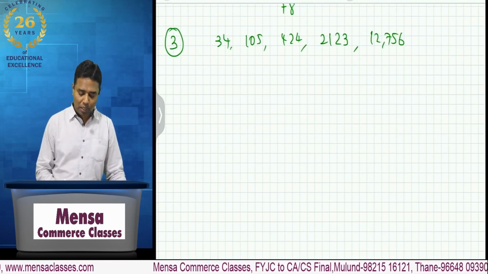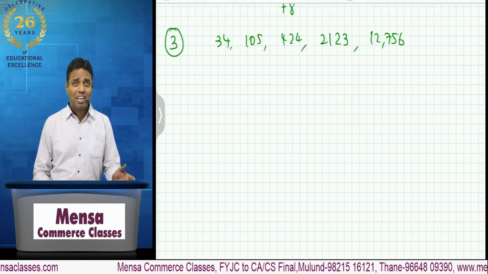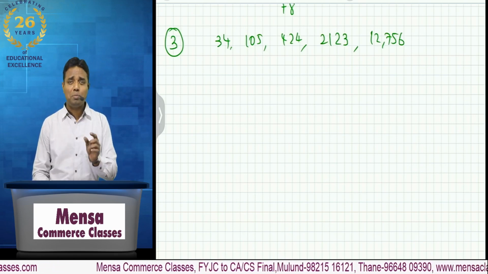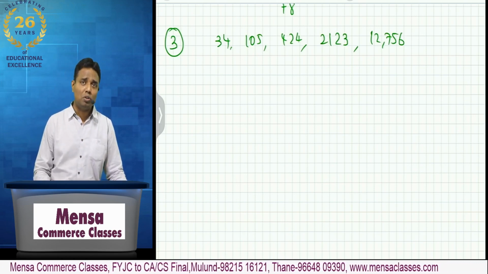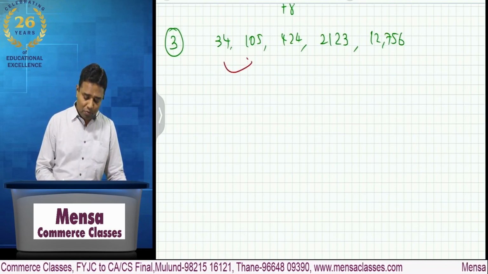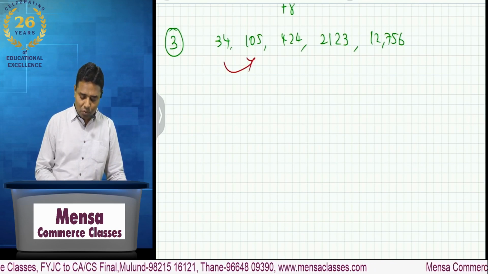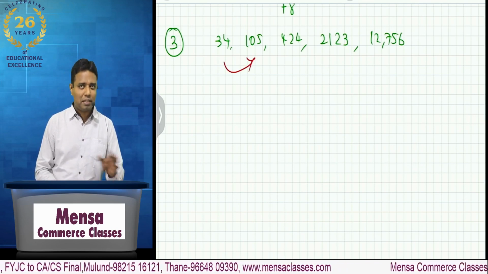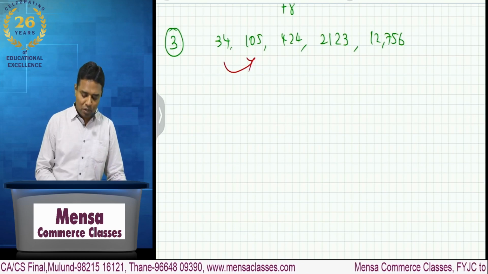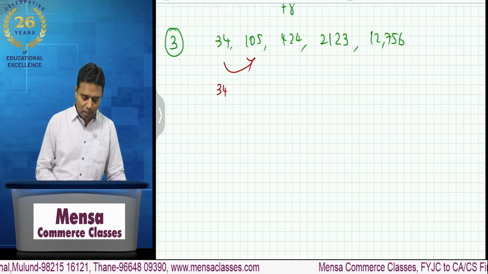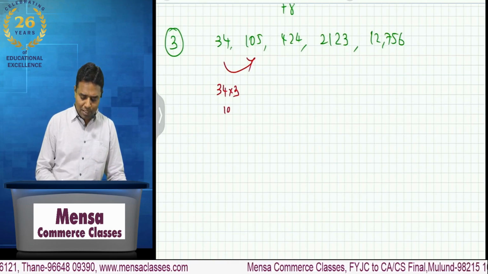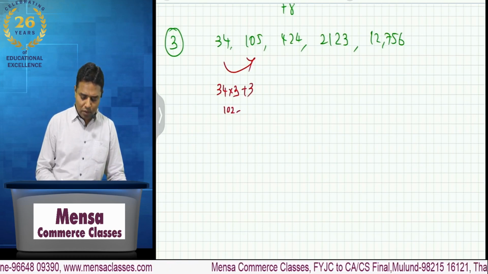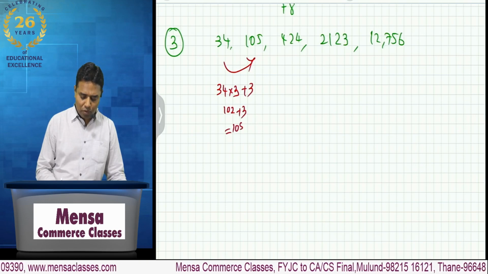If you observe the pattern here, 34 to 105. The increment is huge. It must not be addition; it must have some multiplicative factor also. If you do 34 into 3, that comes to 102, plus 3 becomes 105.